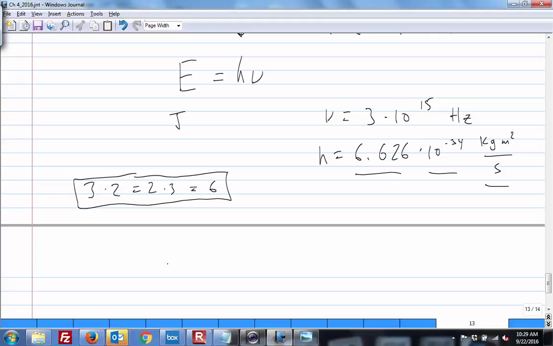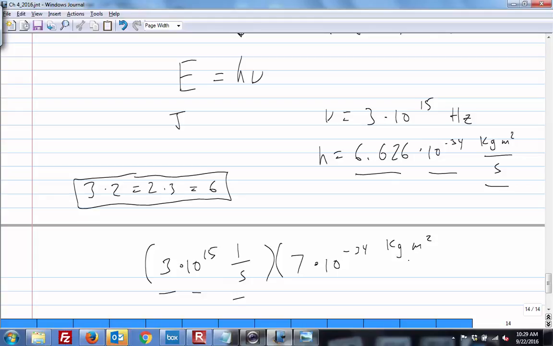So we've got 3 times 10 to the 15th, and I'm just going to write this as 1 over seconds. So there's the first part, second part, third part, and we'll multiply that by h. For the sake of proving that you don't really need a calculator, and since we just guessed at that 3 anyway, let's turn that 6 into a 7, times 10 to the negative 34th, and then we've got kilograms, meters squared per second.